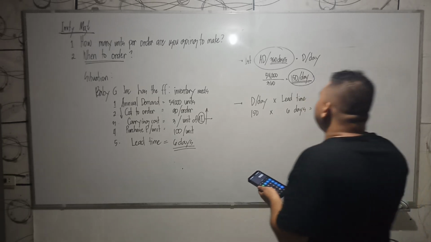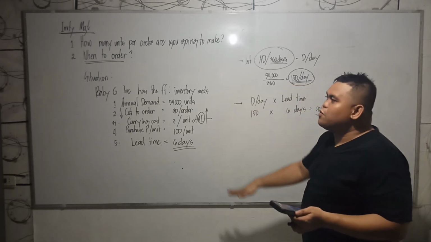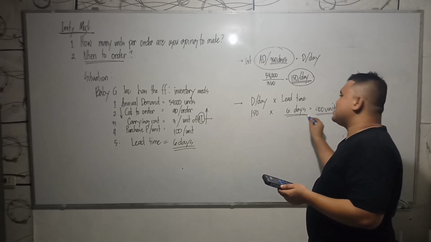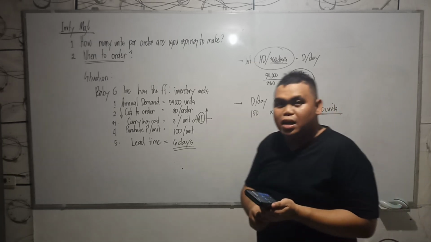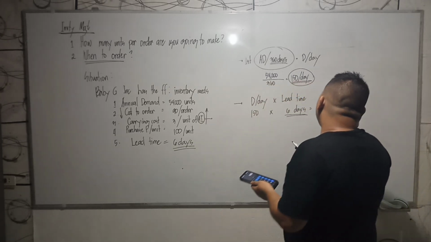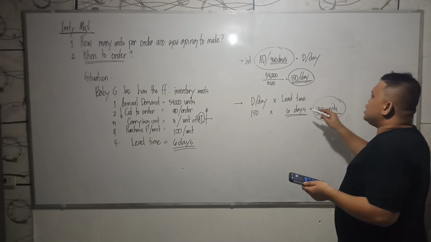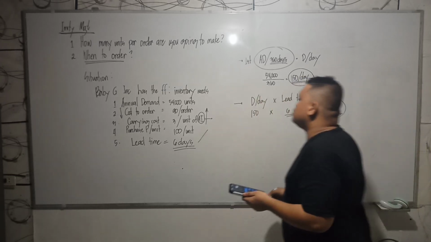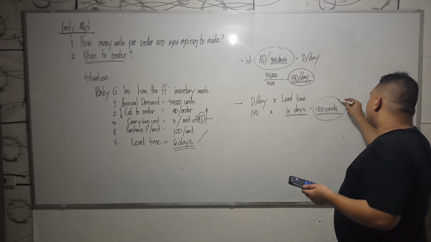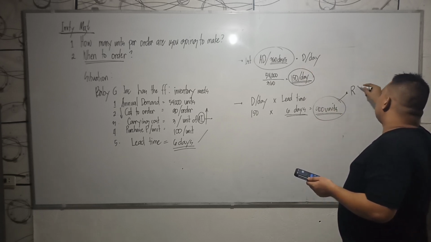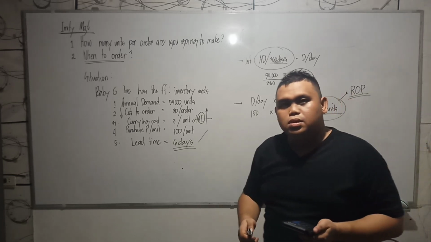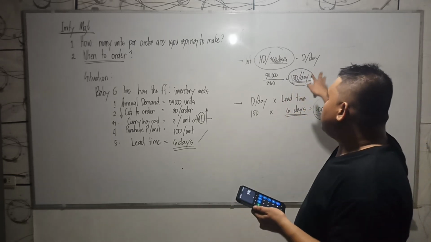Otherwise, if you will make your units be zero first before you order, then you will lose any profits for 6 days because you cannot sell anything. And that is what we call as opportunity cost, which is why we need to be able to basically compute the lead time, the demand per day in order to get the reorder point so that we will minimize any opportunity costs. Okay? So that's the order point.